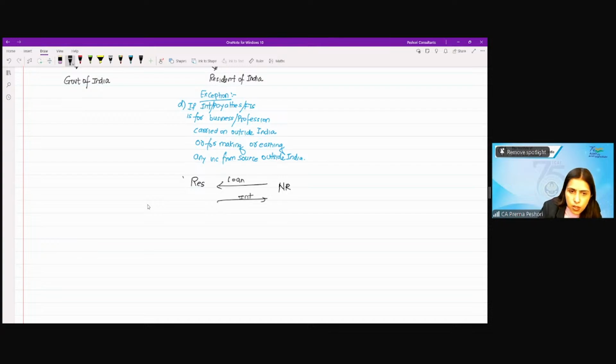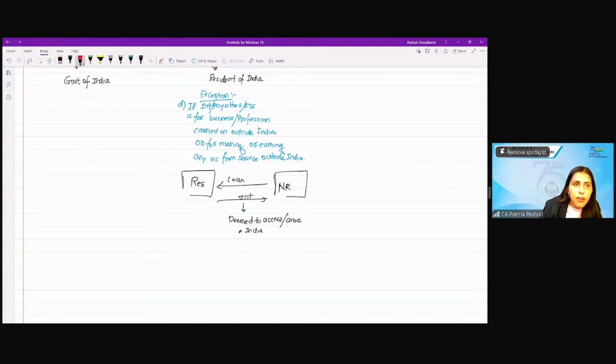So there's a person who is a resident of India. He has taken the loan from a non-resident and he's making the payment of interest. So this interest will be deemed to accrue or arise in India because the payer is a resident.